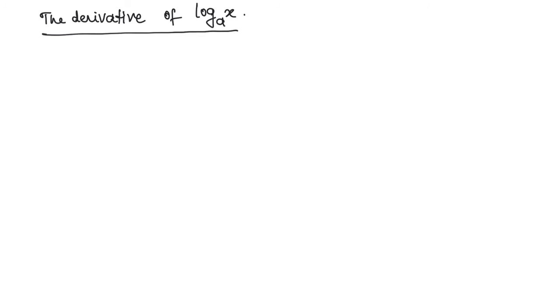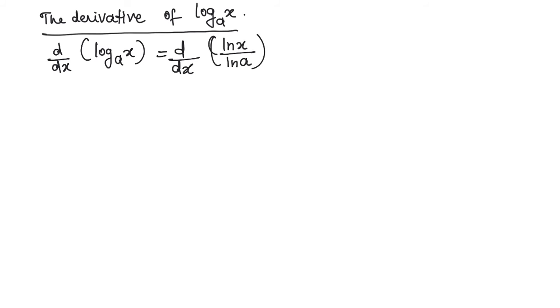Let's find the derivative of a log function with any base other than e. First we will apply the change of base formula. So we can rewrite this as ln of x over ln of a. Ln of a is a constant.